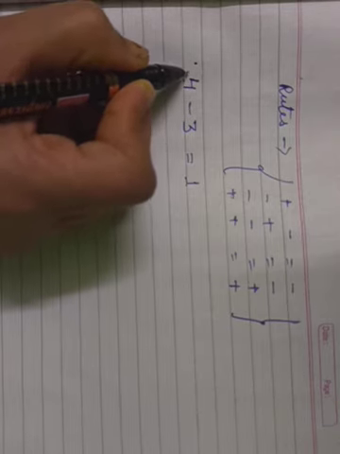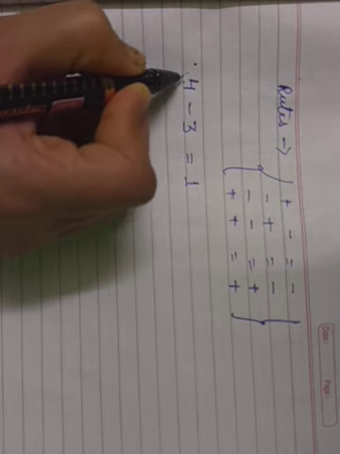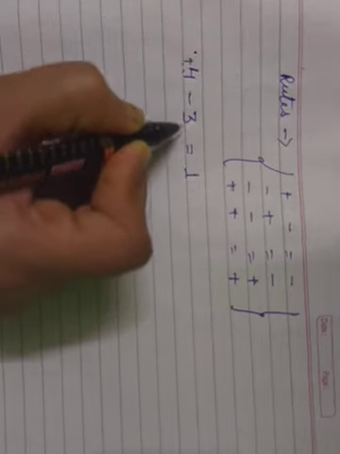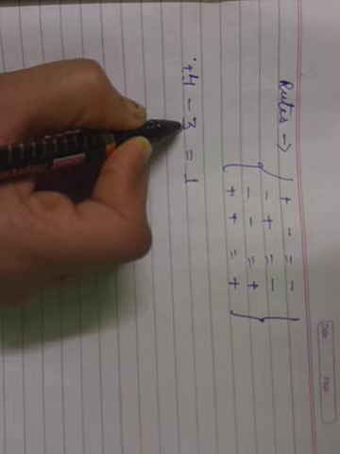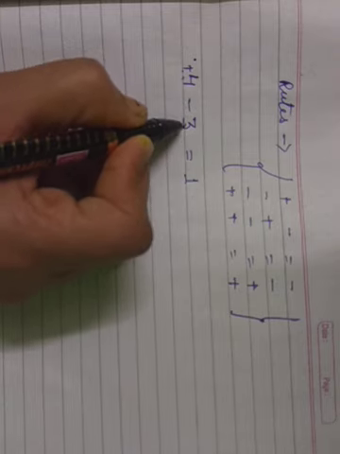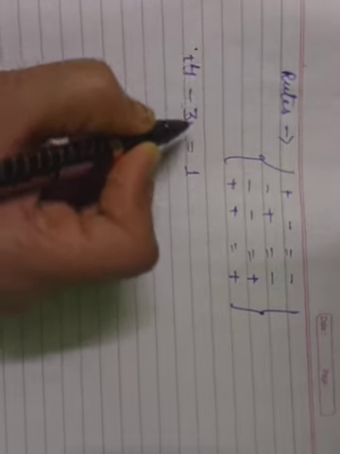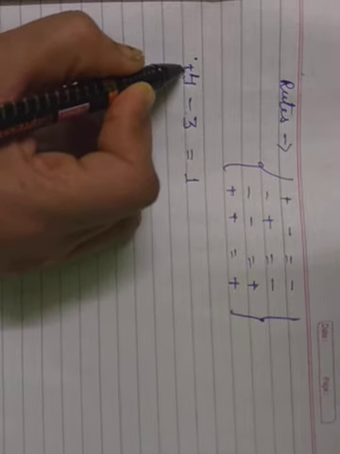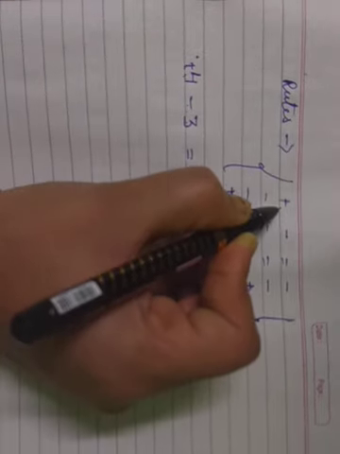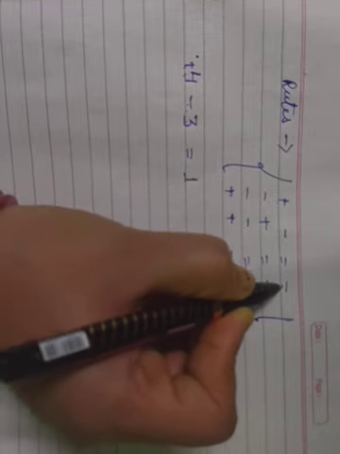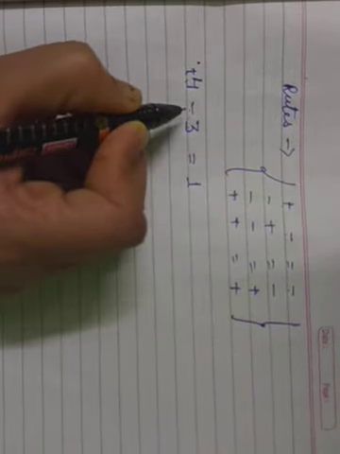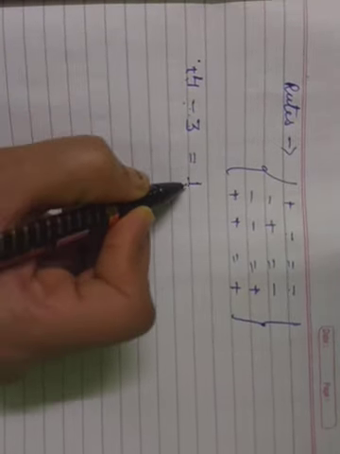If the sign is not given, it means this is plus 4. And minus is given in front of 3, so this is negative 3. Positive 4 and negative 3. So see, plus minus, and see this rule, plus minus will be minus. That's why we subtracted here, and we get 1.